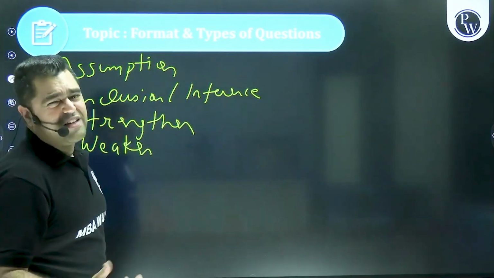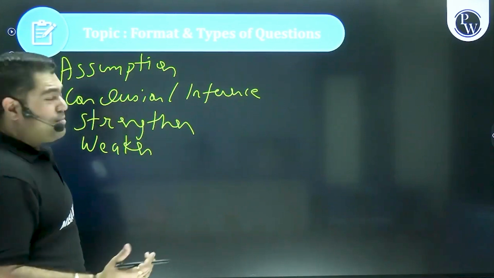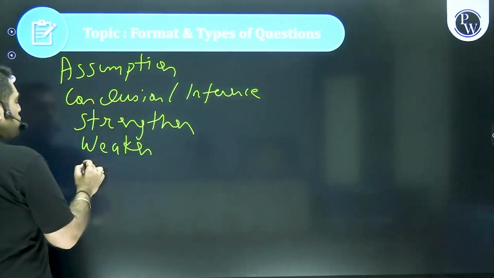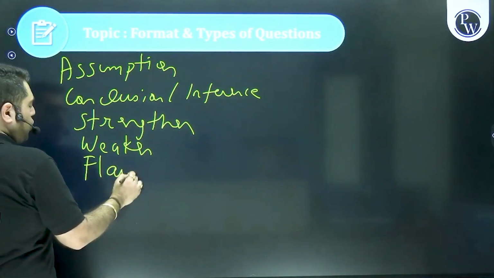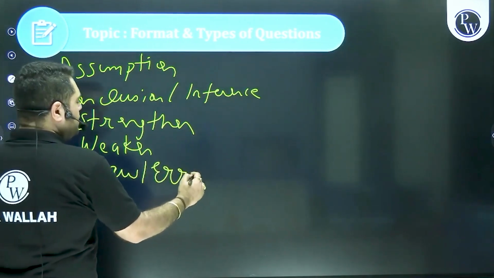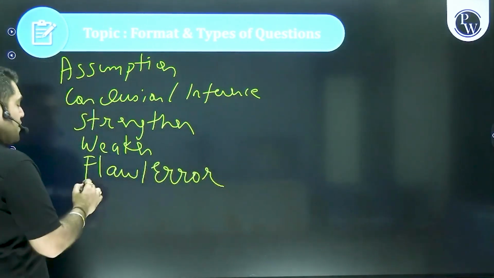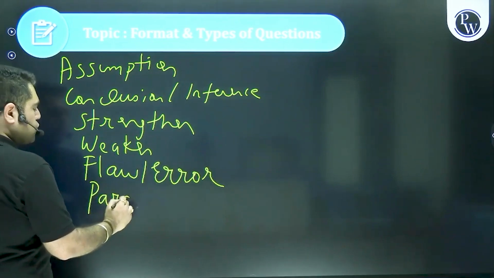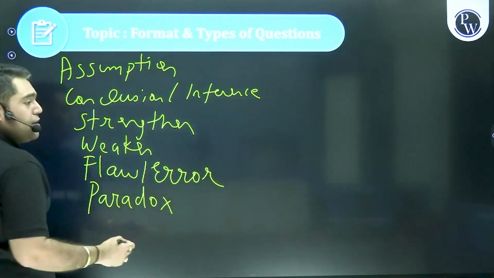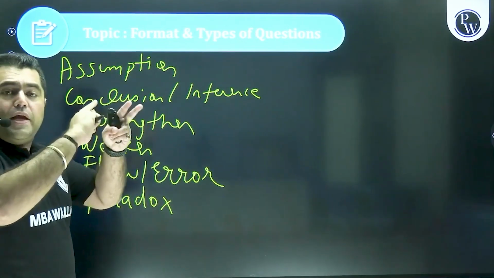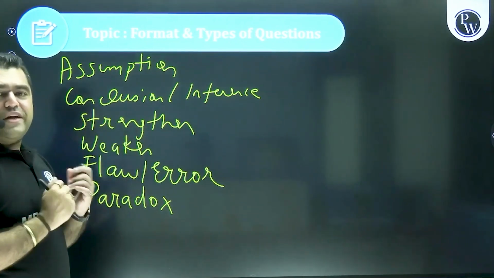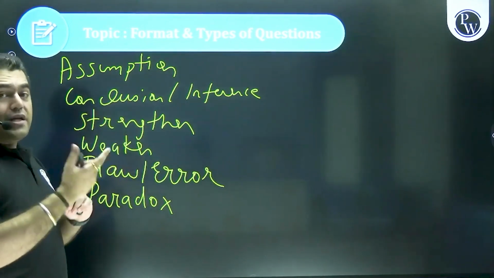Please pardon my handwriting, it's not the greatest, I know, but please bear with me. Then we talk about what is the flaw or error in the conclusion that is drawn. Then we also have something called paradox. Paradox means where two seemingly opposite arguments are presented. So why? What are they doing?